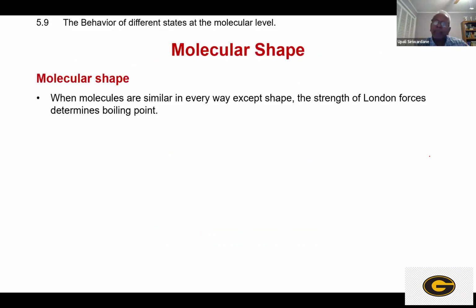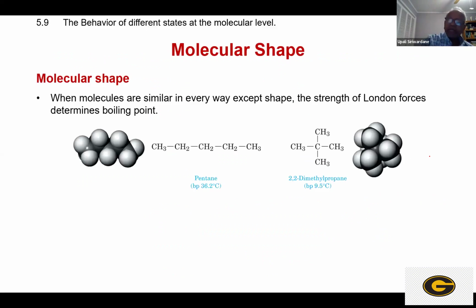Let's look at comparable molecules with different shapes. These are both hexanes. The formula is the same, C6H12.